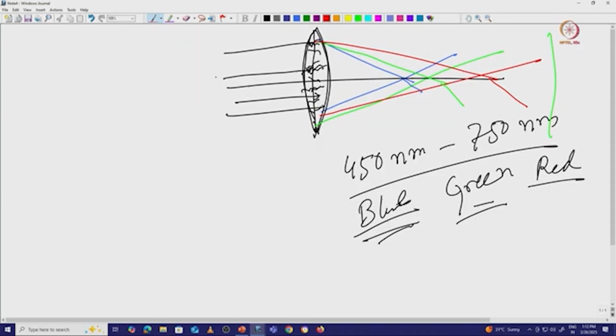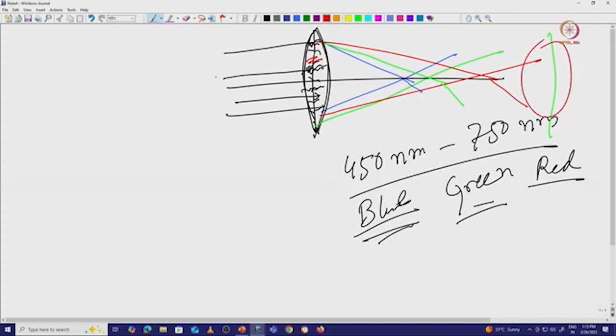If you are taking someone's face, sometimes it is too reddish, or sometimes it is bluish. Because of this chromatic aberration and the imperfect lens we are using, the material of the lens splits all these rays in different forms. It is splitting blue, green, red, and everything is going to show in your image.